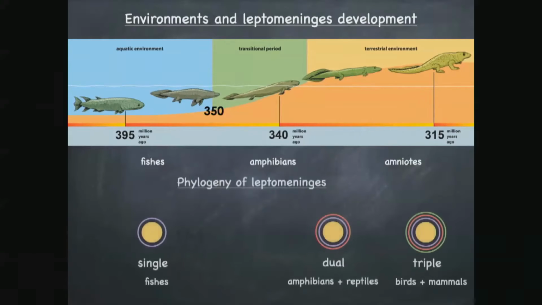Let's see the leptomeningeal structure of these animals. In fish, there is a single leptomeninx, and amphibians and reptiles have dual or two layers. And only birds and mammals have a triple leptomeninx. Only birds and mammals are allowed to have dual venous structures.